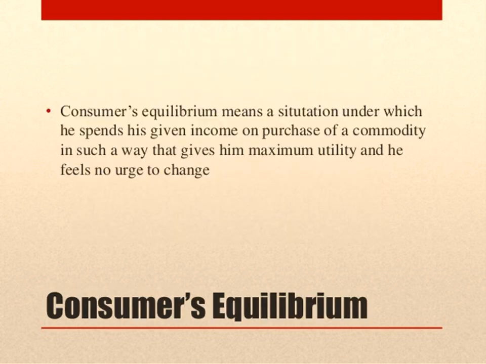Then come back to the consumer's equilibrium. Consumer's equilibrium means a situation in which he spends his given income on the purchase of a commodity in such a way that gives him maximum utility and he feels no urge to change. A consumer spends on many goods and services.